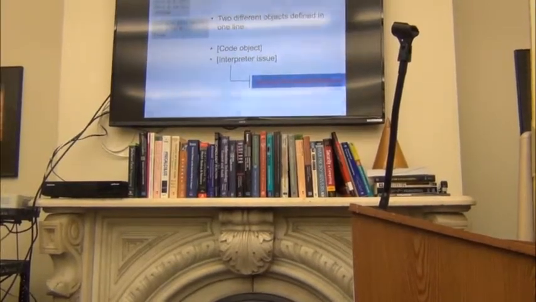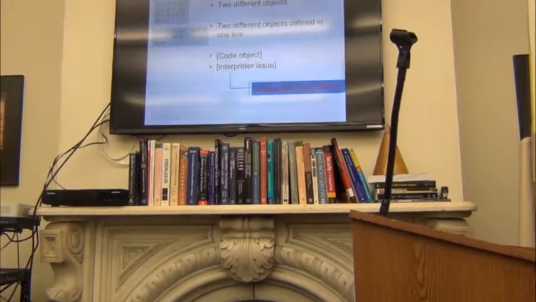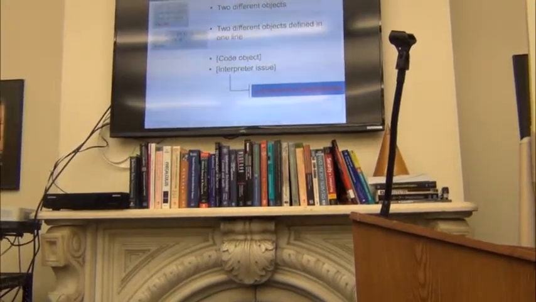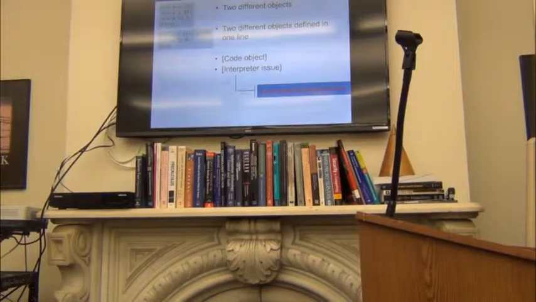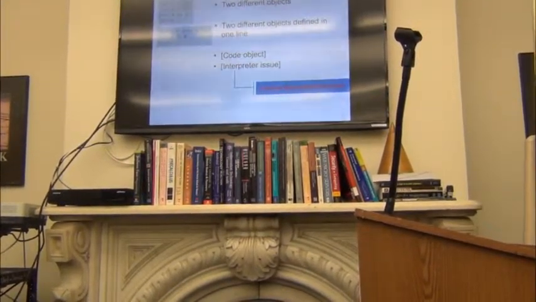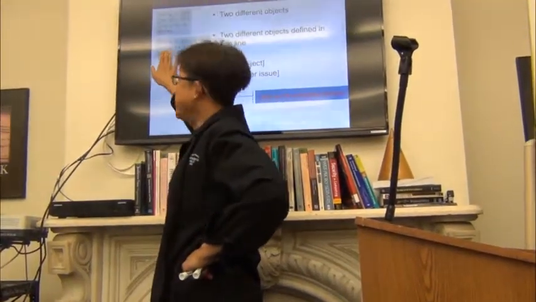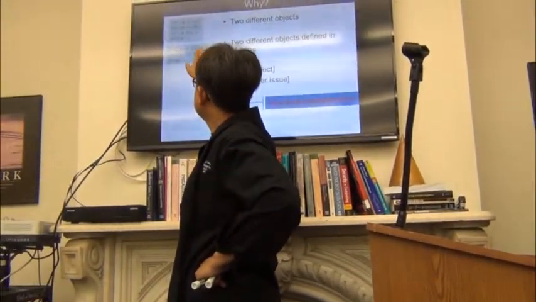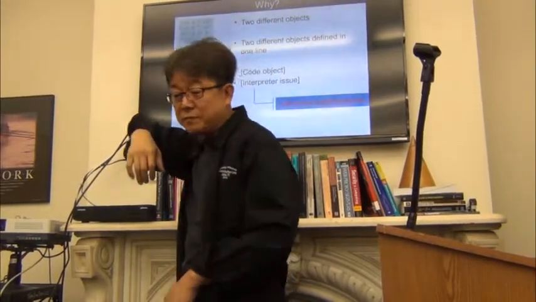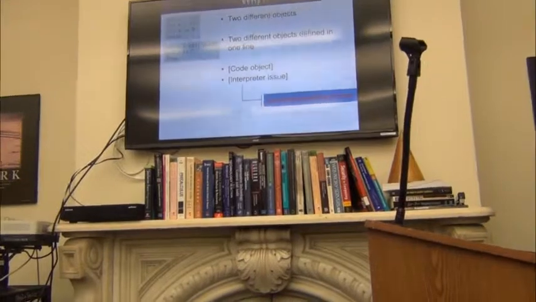In Python, we do not really differentiate the content from objects. Think about another nonsense here. Try this: A equals 257, semicolon, B equals 257. Returns true.